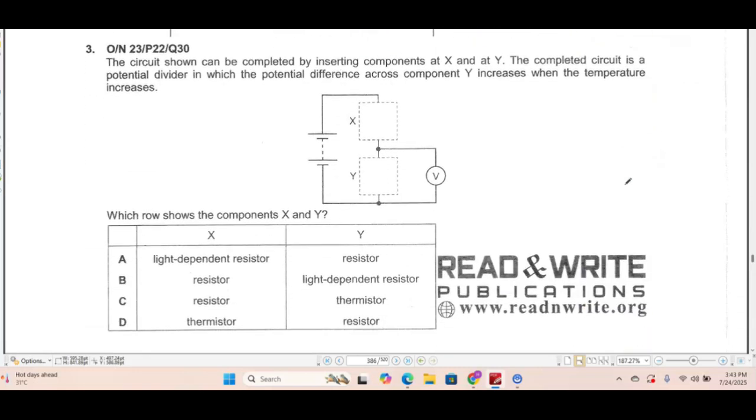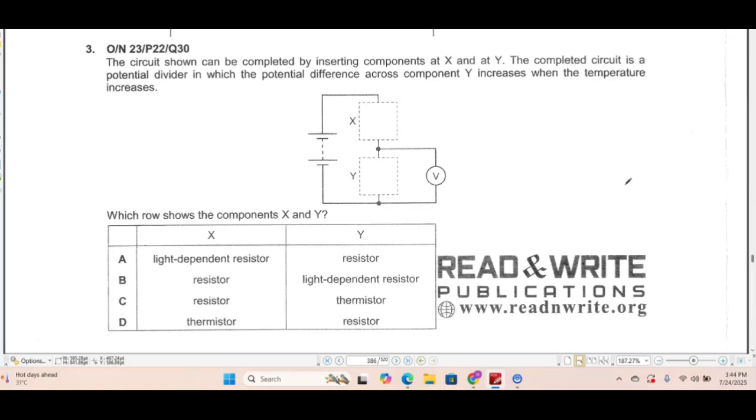Question number 3. A circuit shown can be completed by inserting components at X and Y. The completed circuit is a potential divider in which the potential difference across component Y increases when the temperature increases.